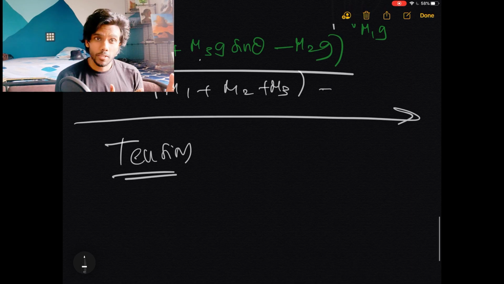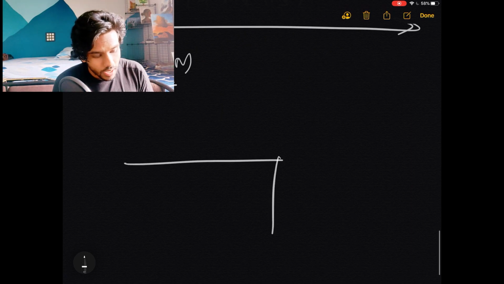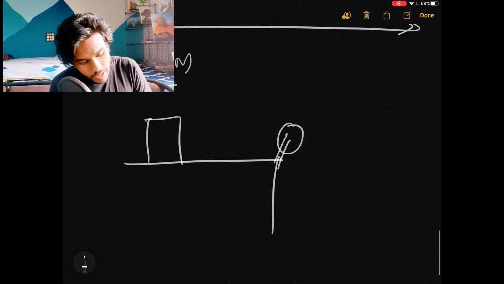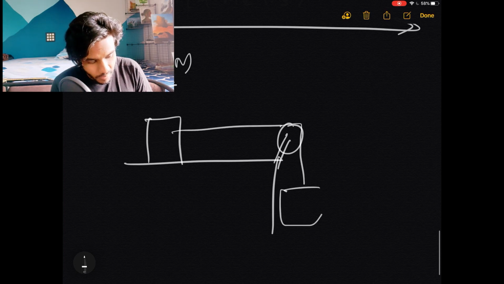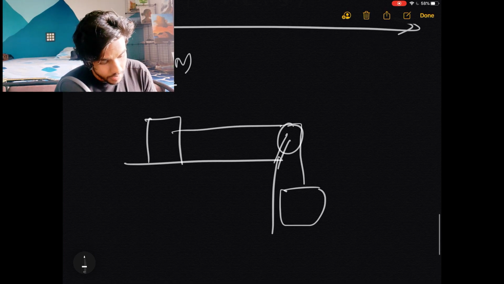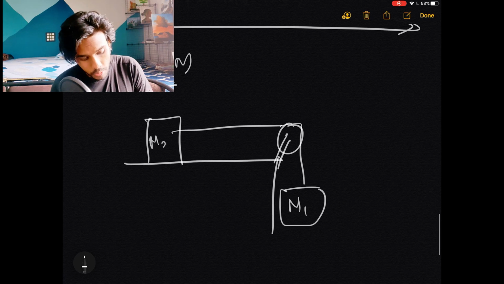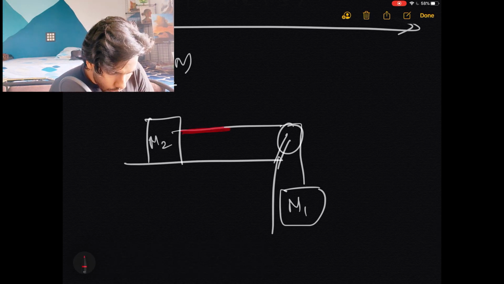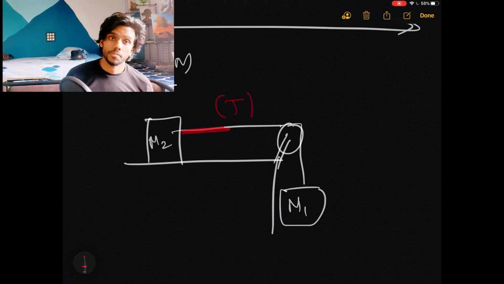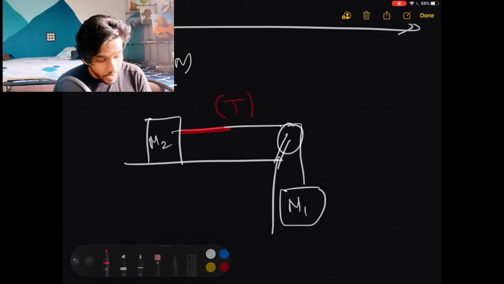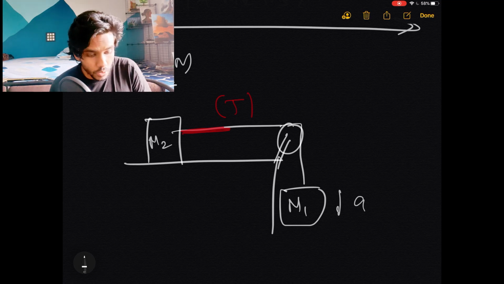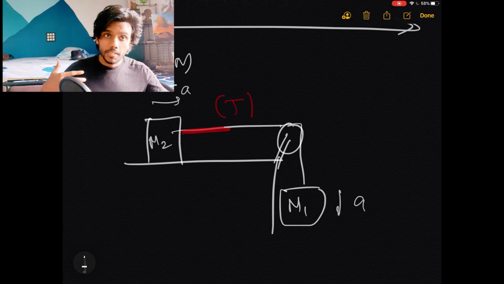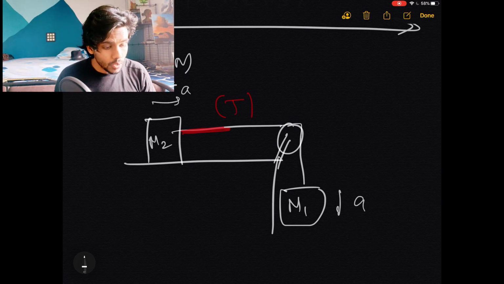Okay, let's get to the point. So let me take you to the original problem itself. All right. M1g, M2g. So how do I find the tension here? So let's look at this tension. Now, what is this tension responsible for? That's what you need to do. You already found the acceleration using the previous idea. So look at this acceleration.